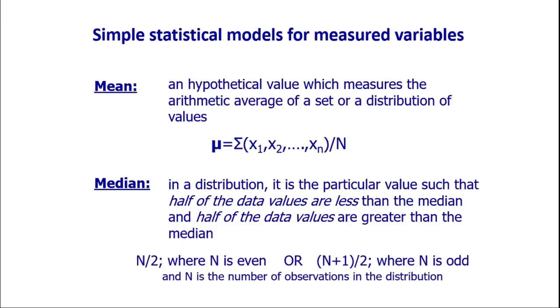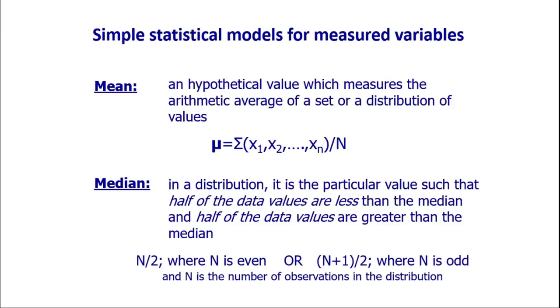So let's look at some of these simple statistical models for measured variables. The mean. Well, the mean is a hypothetical value which measures the arithmetic average of a set or a distribution of values. It's a weighted value, and the way that we obtain this measure, the population mean, when we're dealing with all the values in a data set, is represented by this Greek letter mu.